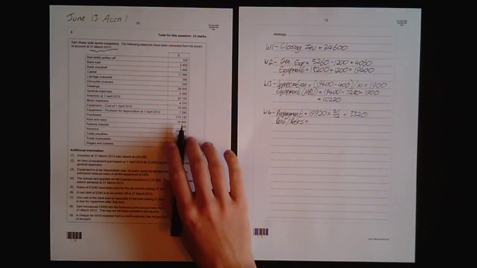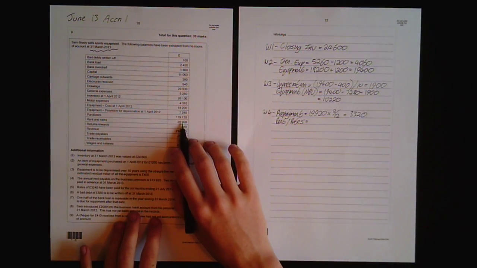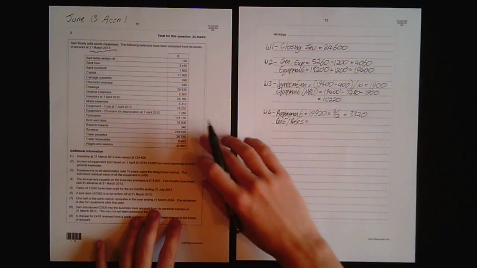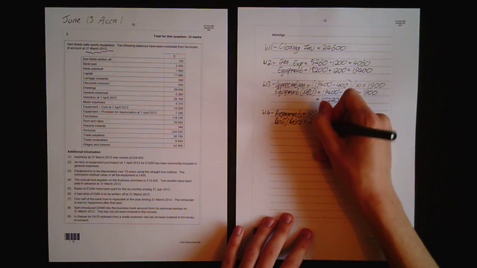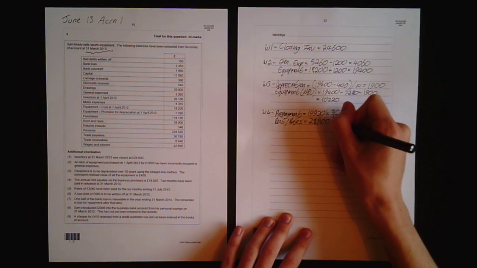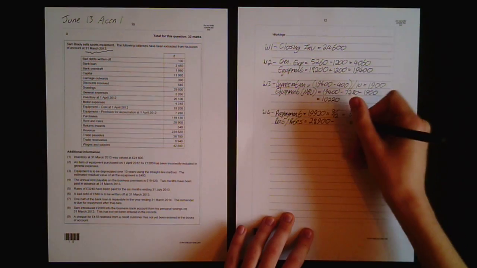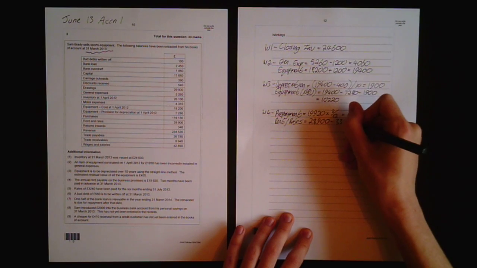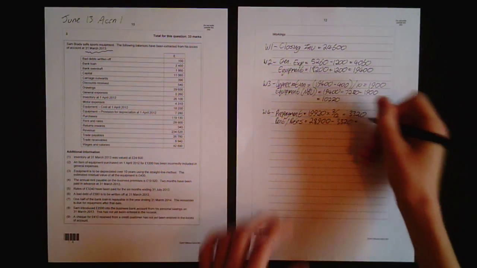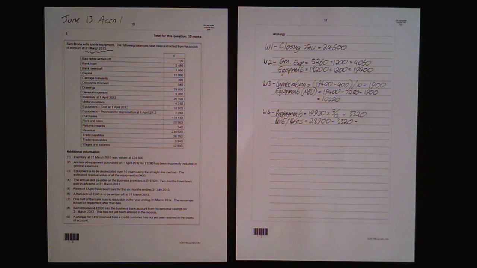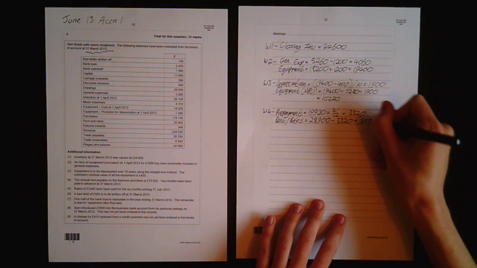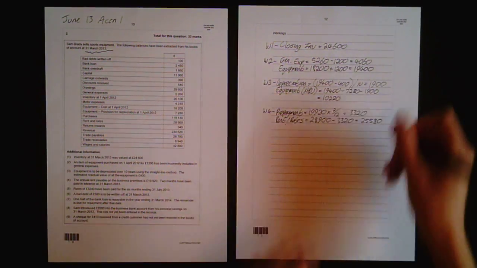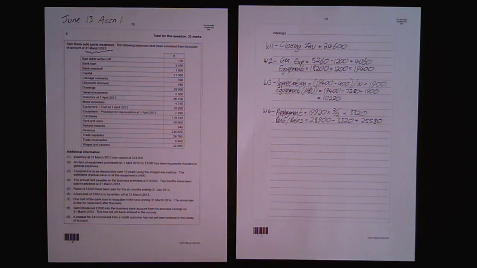My rent and rates were 28,900 in my balances. I'm going to take away this amount of prepayment. So 28,900 minus 3,320, and that's going to give me 25,580. So that's my new expense figure.